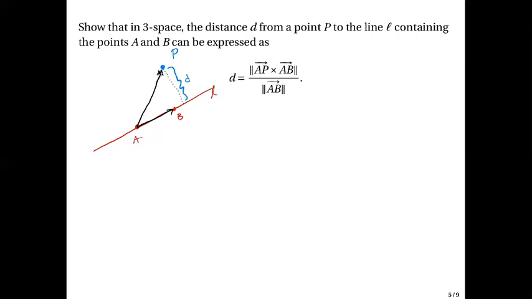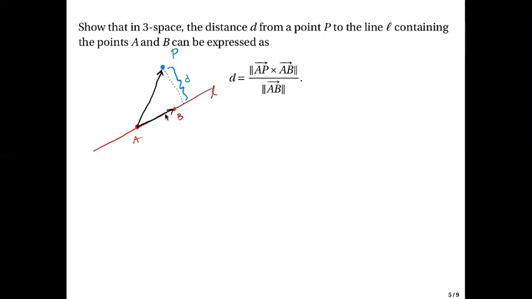Or we can look at this vector or these 3 points. The point here, not really the point B. And then we look at the triangle, the right triangle to be more precise.